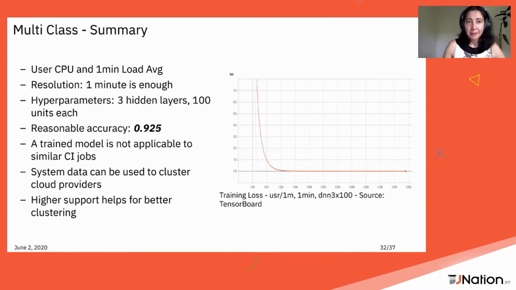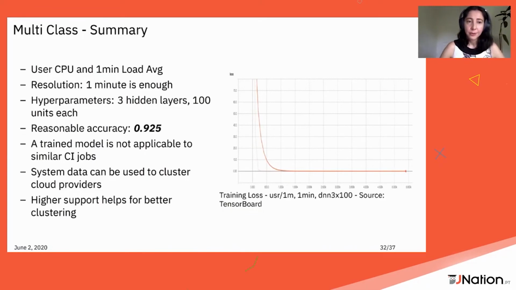So in summary, from these multi-class experiments, we found that reducing the amount of classes helped to improve accuracy. Our explanation is that cloud providers tend to use similar hardware layout across regions. So from this point of view, it makes sense to reduce the classes, and it helps us to achieve a better accuracy.